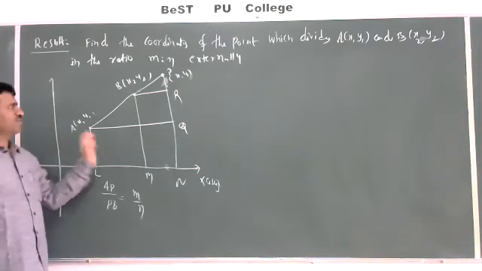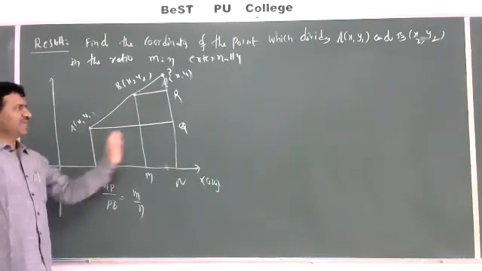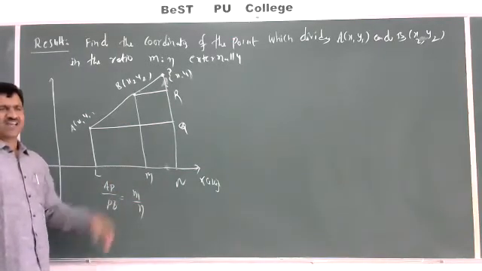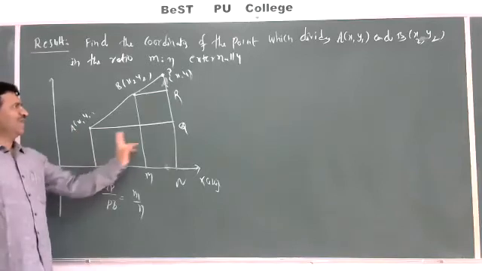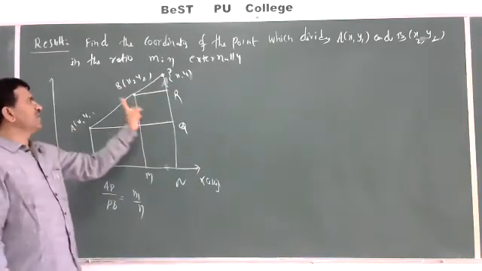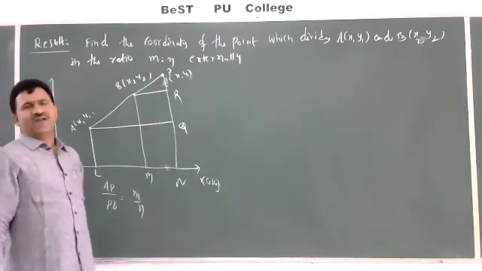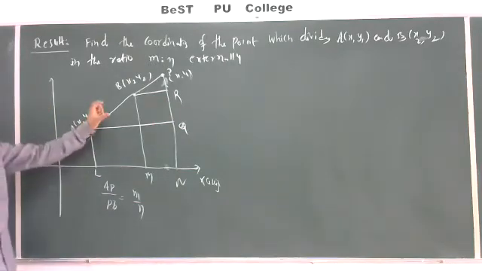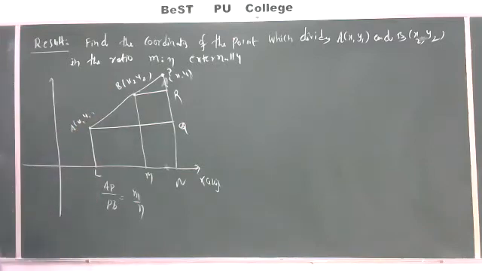So many of you maybe tried AQ perpendicular to BM; in that comparison, you will not get the answer. See here, triangle AQP is similar to triangle BRP. We have to use these two triangles. That is the small difference between the internal formula and the external formula.